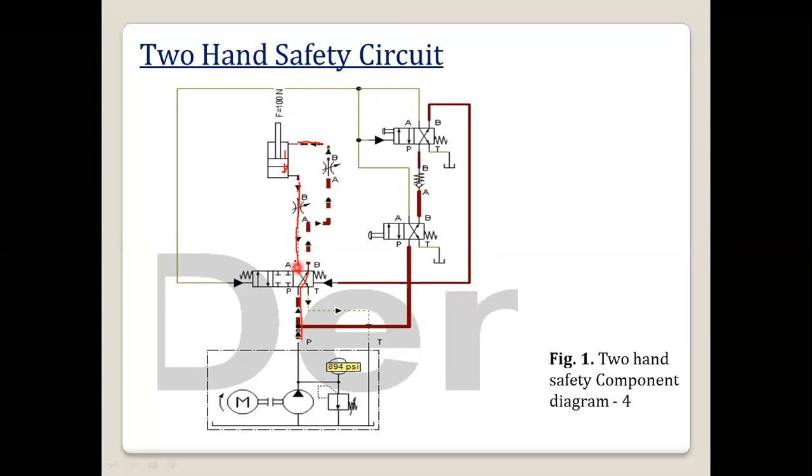The oil will come to port A and return to the tank, and simultaneously oil will go from port A to port B of valves V1 and V2. This will happen when the retraction stroke completes, at that time the oil flow will go through this part.